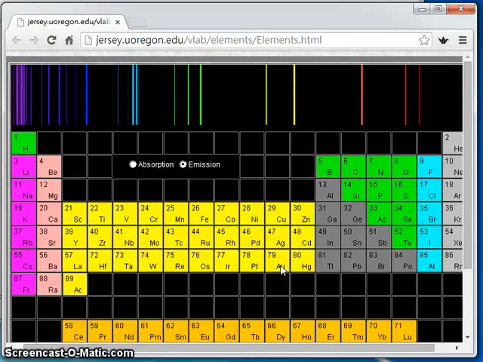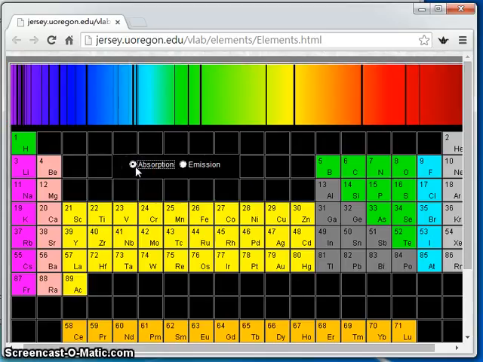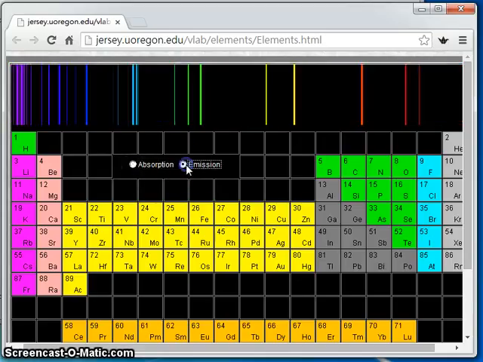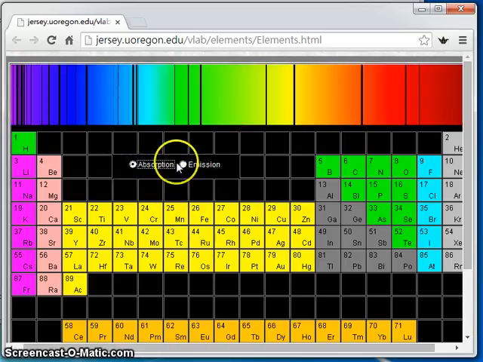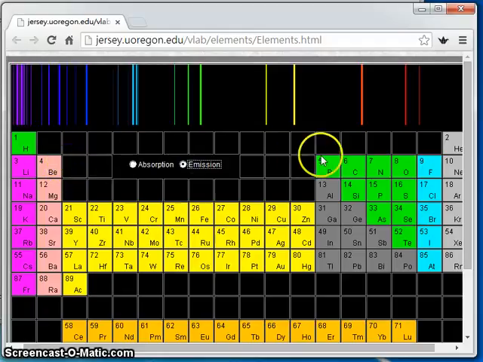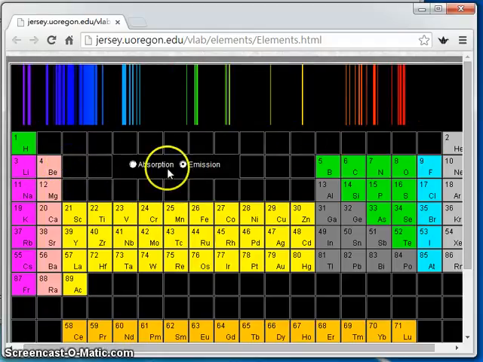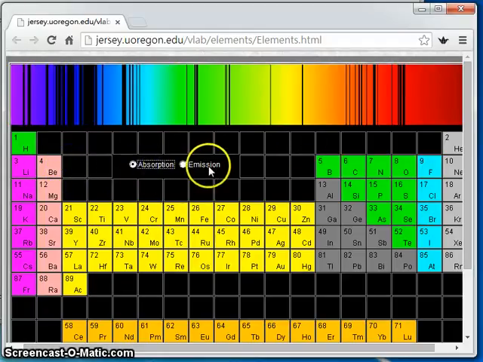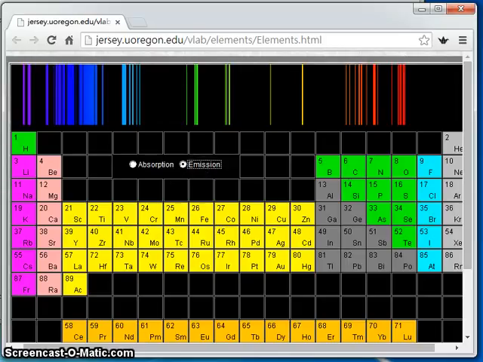We have their different emission spectra. You may also want to see the absorption spectrum. Basically, they are the same. Emission, absorption, same position. Exactly. This is then sodium: absorption spectrum, emission spectrum.